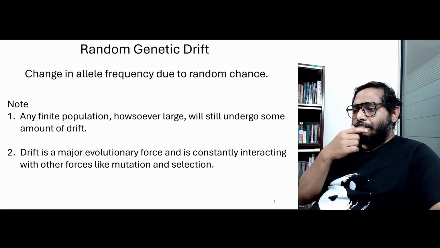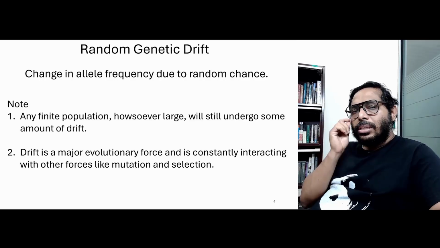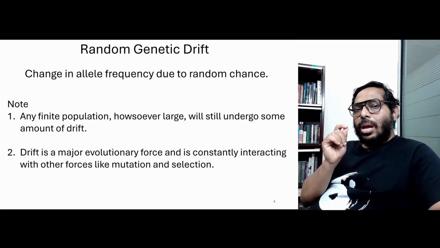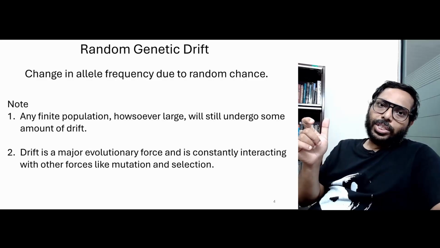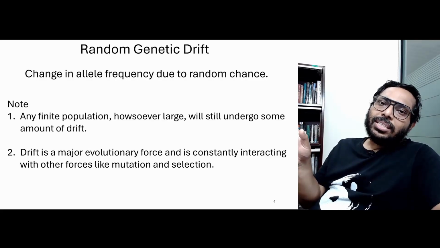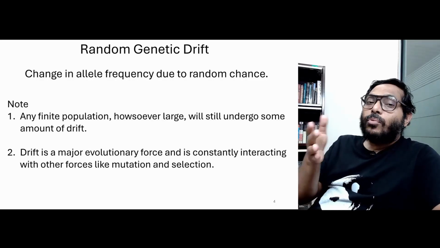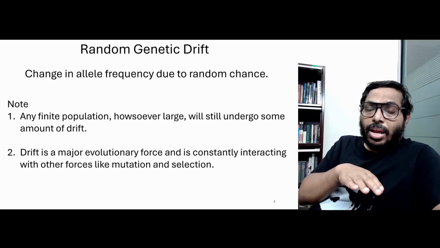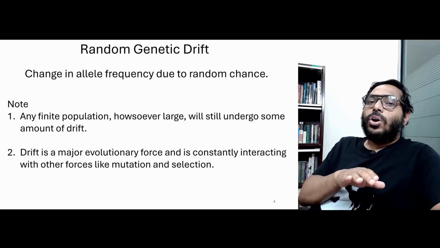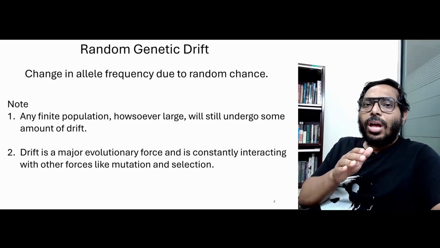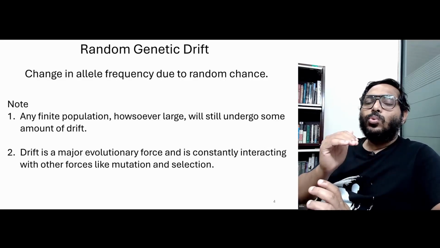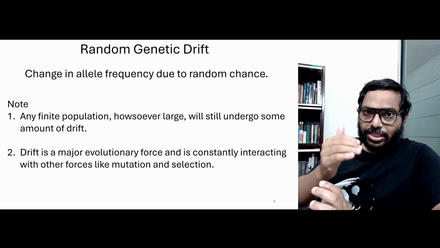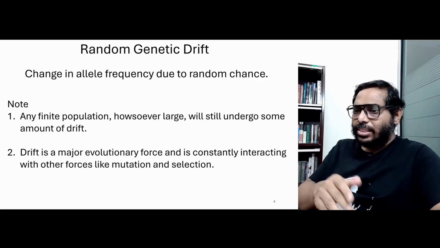And secondly, drift is a major evolutionary force. The strength of it entirely depends on the size of the population. When the population size is large, it is a weak evolutionary force, but when the population size is small, it can become a very strong evolutionary force. And when I say strong, I mean that it can lead to very major effects, and it can lead to those major effects very fast in terms of how many generations it takes.